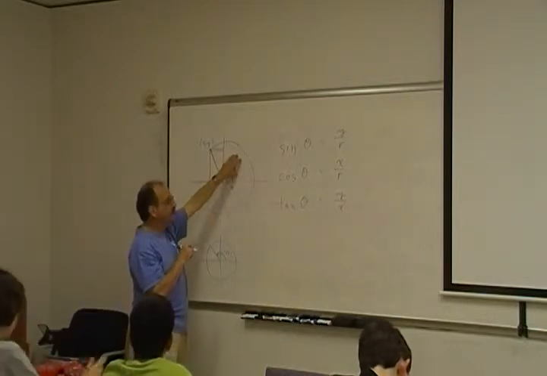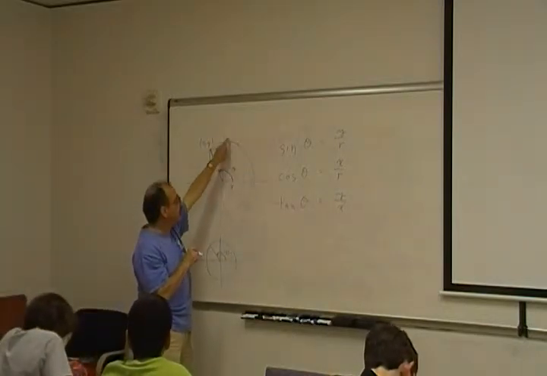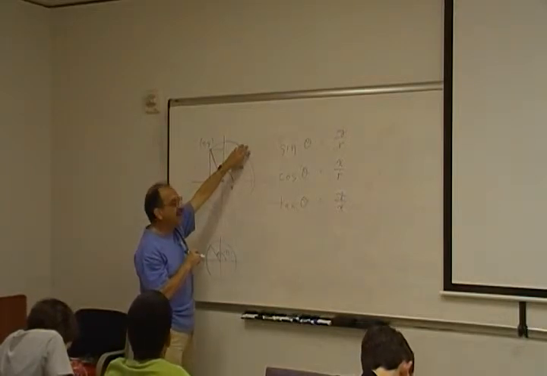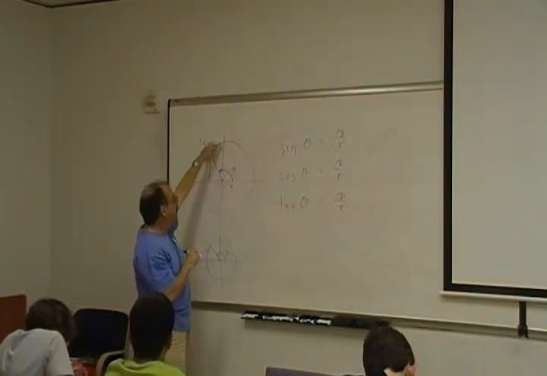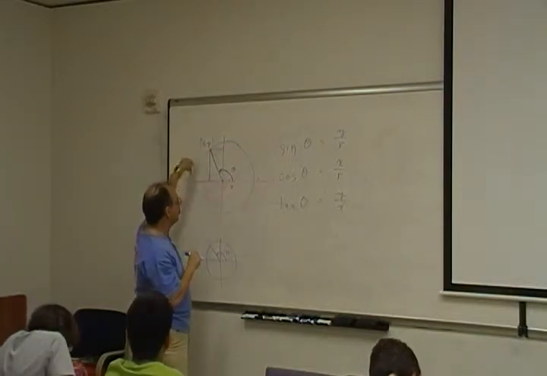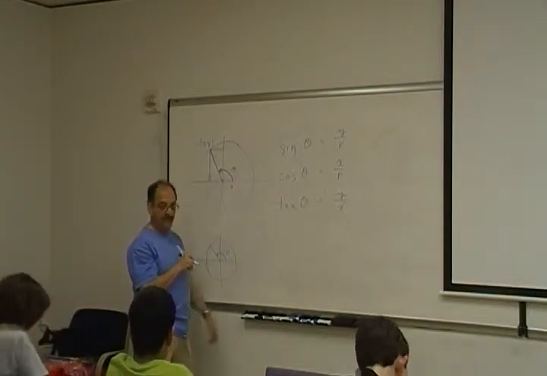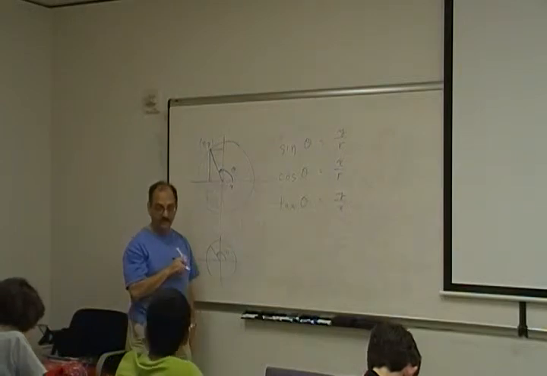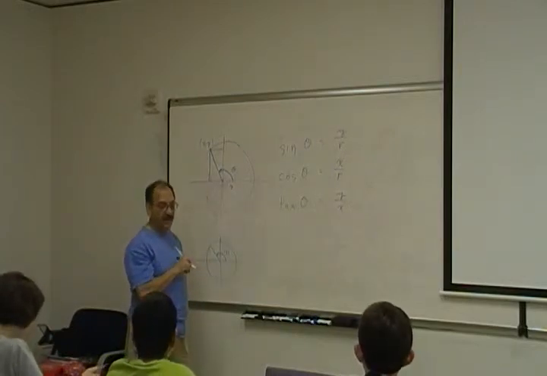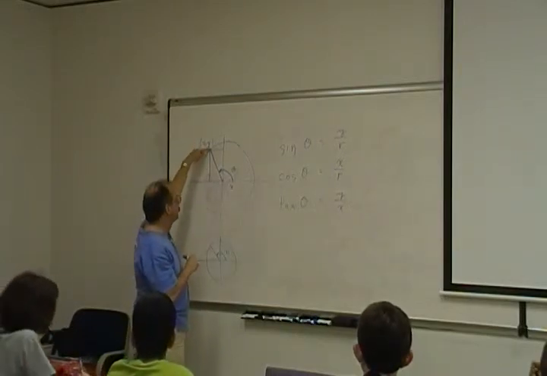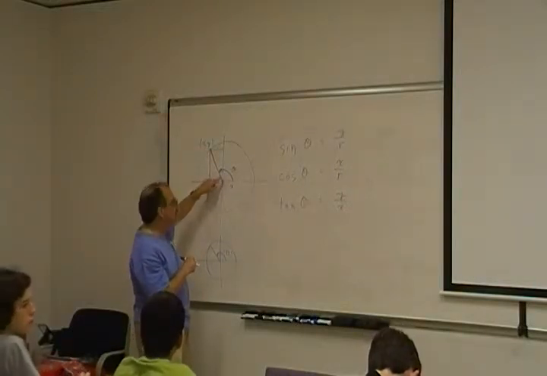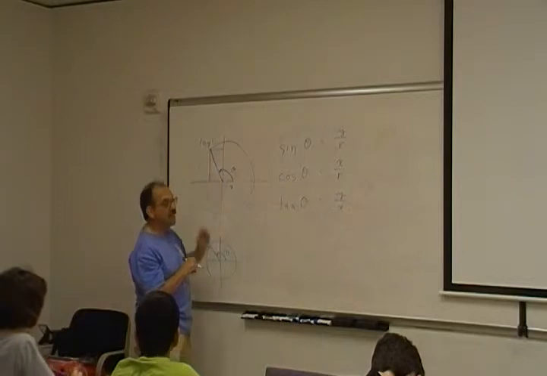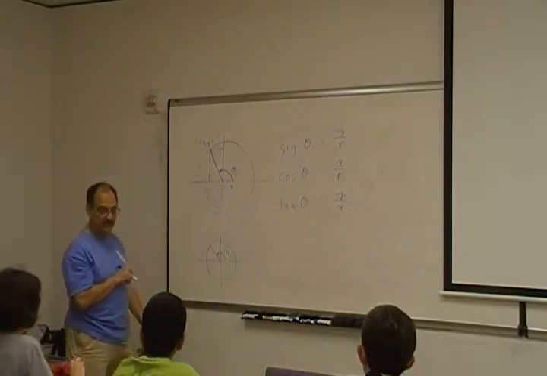The triangle only works up here when the point on the circle is in the first quadrant, the first quarter of the circle. Once you get beyond, in any of the other three quarters, it no longer is a triangle. It's a circle instead. And so it's a relationship between the coordinates of a point on the circle and the radius of the circle, and which point is specified by the angle. Okay?